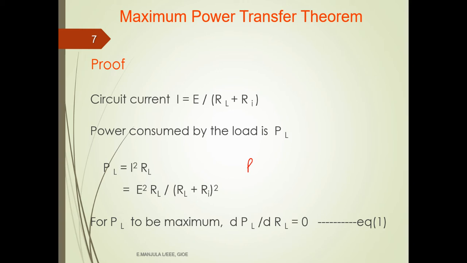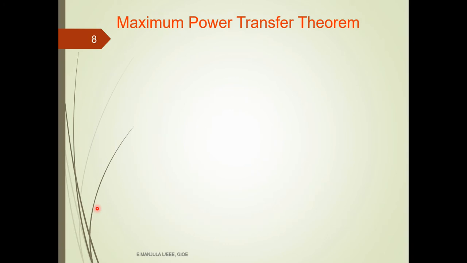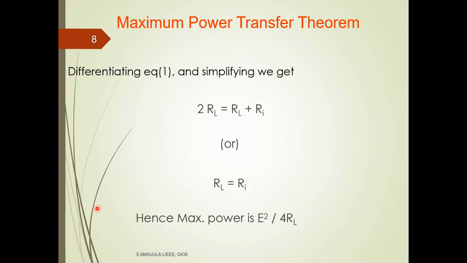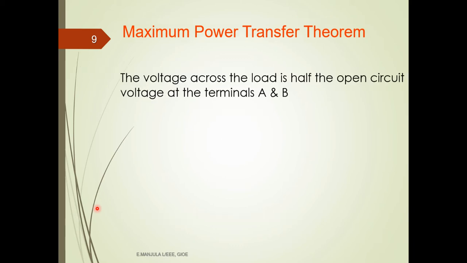Now we came to know that RL is equal to RI, so substitute RL in place of RI here. Then, after simplification, you will get E square divided by 4RL. The maximum power is E square divided by 4RL.